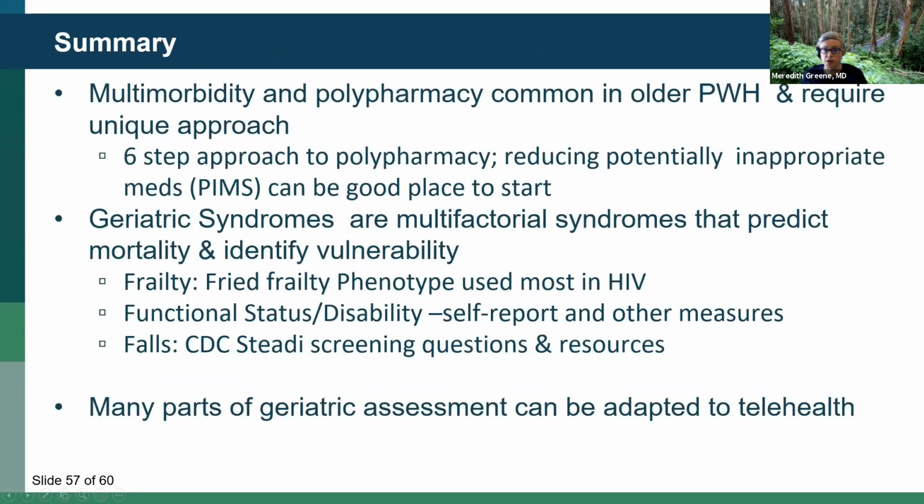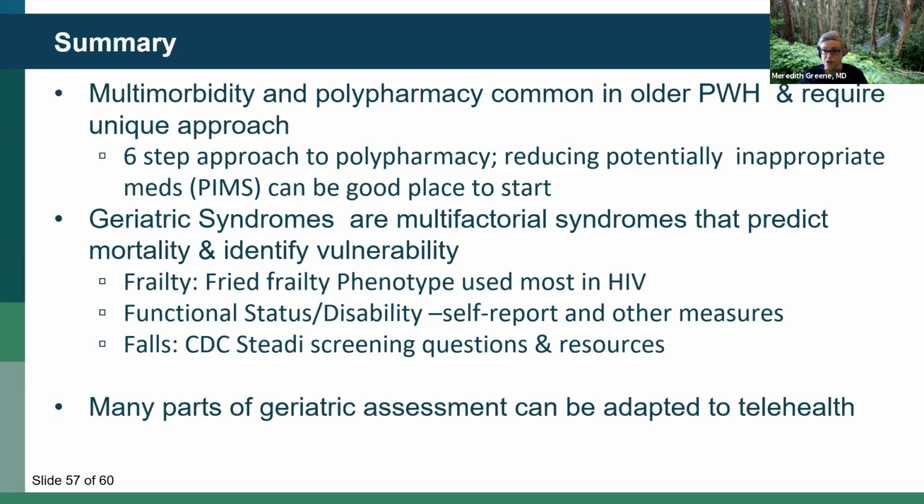So in summary, I know we've talked about a lot of different things, but the highlights: we talked about multimorbidity and polypharmacy, and this multi-complexity is very common in older people living with HIV, and it requires a unique approach. We talked about resources for multimorbidity and thinking about prognosis, and about a 6-step approach to polypharmacy.